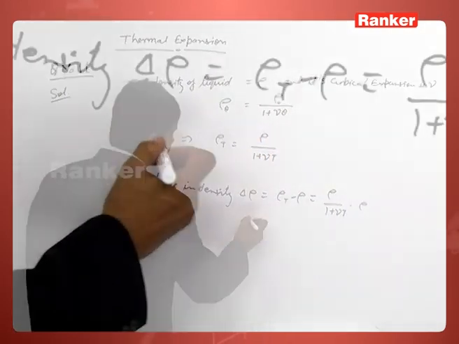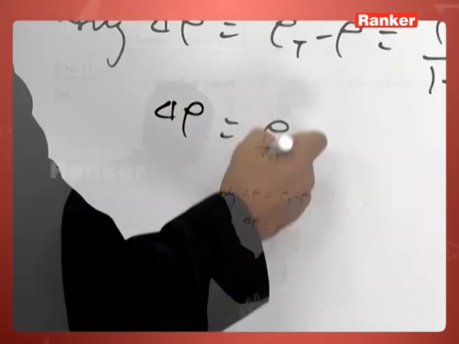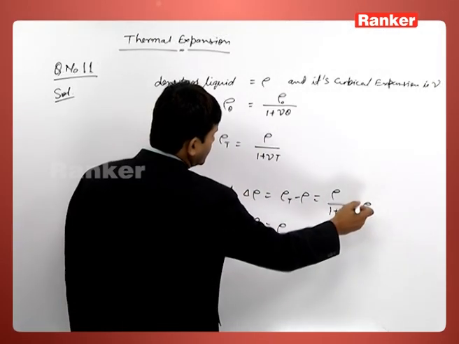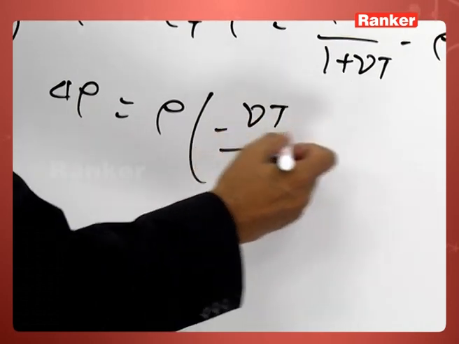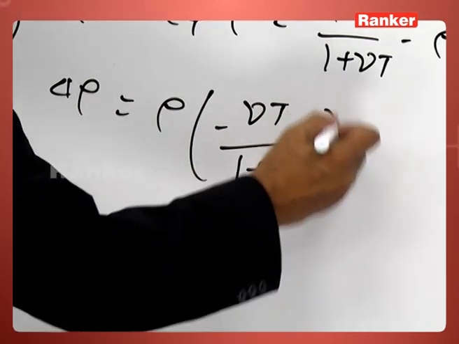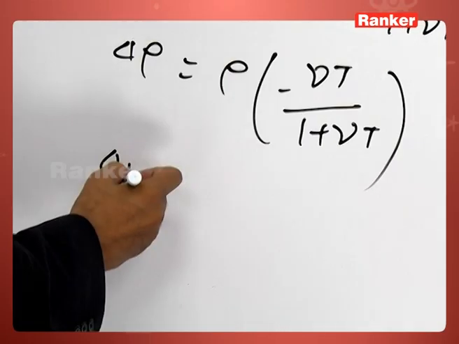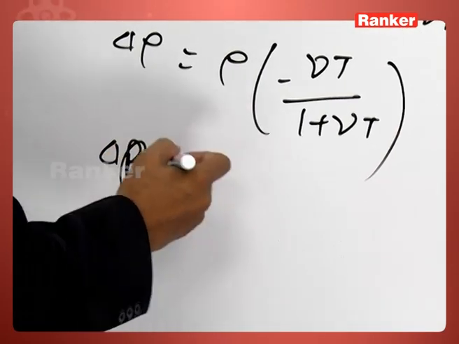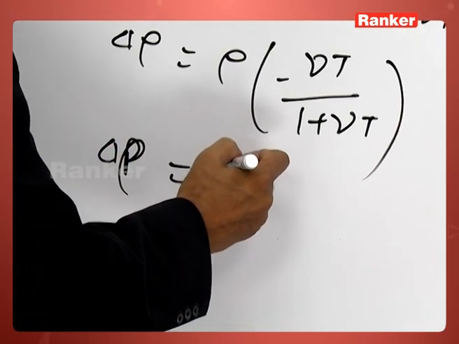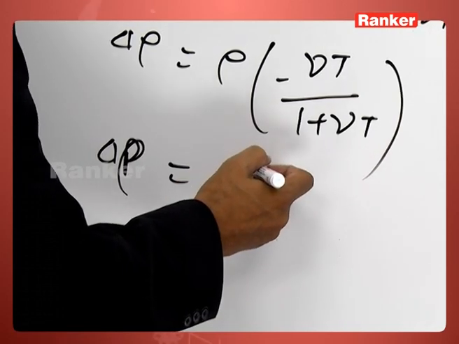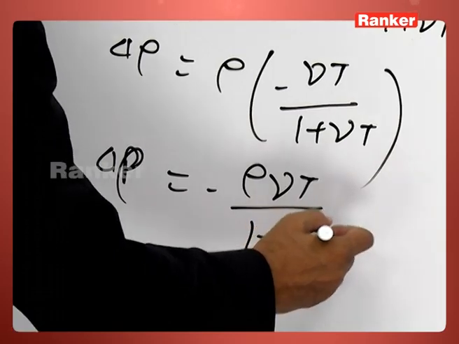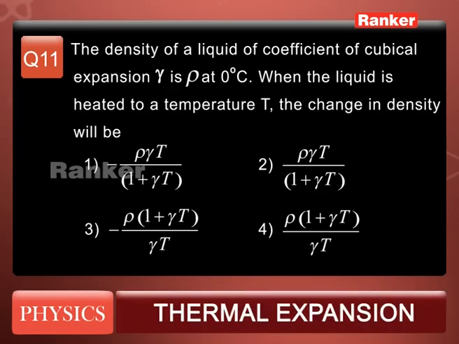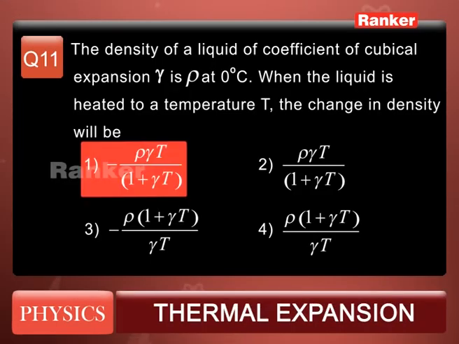Simplify, you will get rho common, and this is minus gamma T by 1 plus gamma T. The minus sign indicates density decreases. So minus rho gamma T by 1 plus gamma T. So our correct option is option number 1.